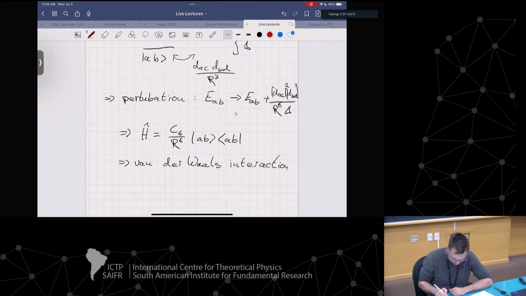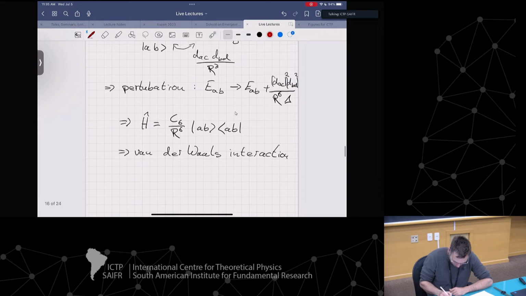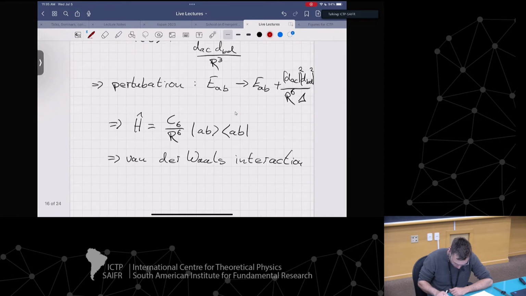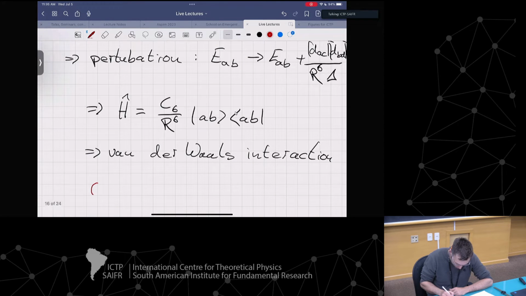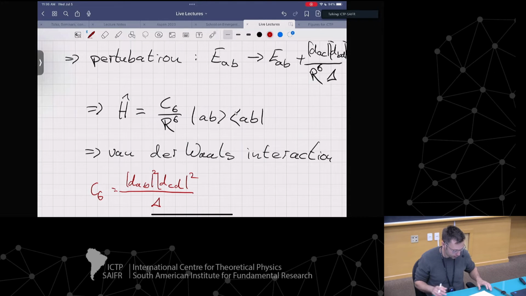So we have this interaction shift, and just to explicitly spell it out here, this C6 coefficient is now this dipole moment AB and CD, and these are squared over this detuning from this other pair state.